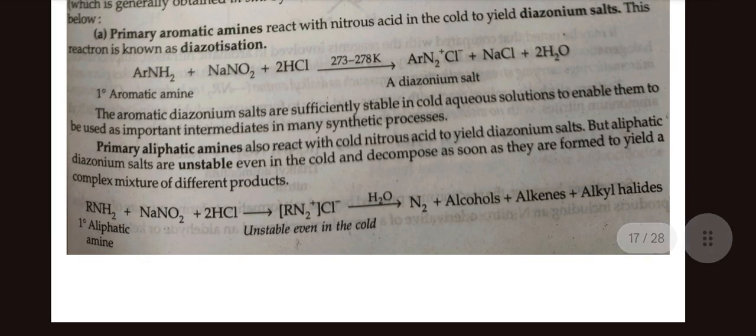The aromatic diazonium salts are sufficiently stable in a cold aqueous solution to enable them to be used as important intermediates in many synthetic processes. Primary aliphatic amines also react with cold nitrous acid to yield diazonium salts, but aliphatic diazonium salts are unstable even in the cold and decompose as soon as they form to yield a complex mixture of different products.